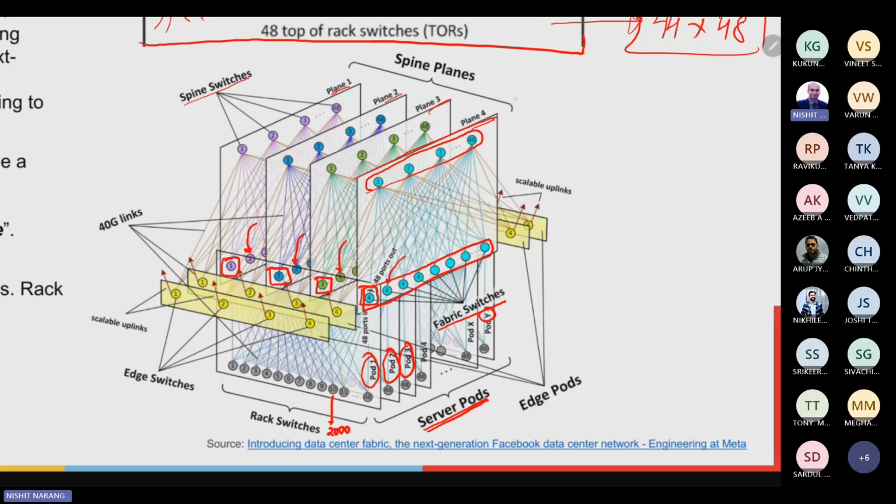And the spine planes are actually bringing in connectivity between the fabric switches of one pod to the equivalent fabric switch of the other pod. So pod 1's fabric switch 4 gets connected to the fabric switch 4 of pod 2 via plane 4. So plane 4 is connecting all the fabric switches numbered 4.